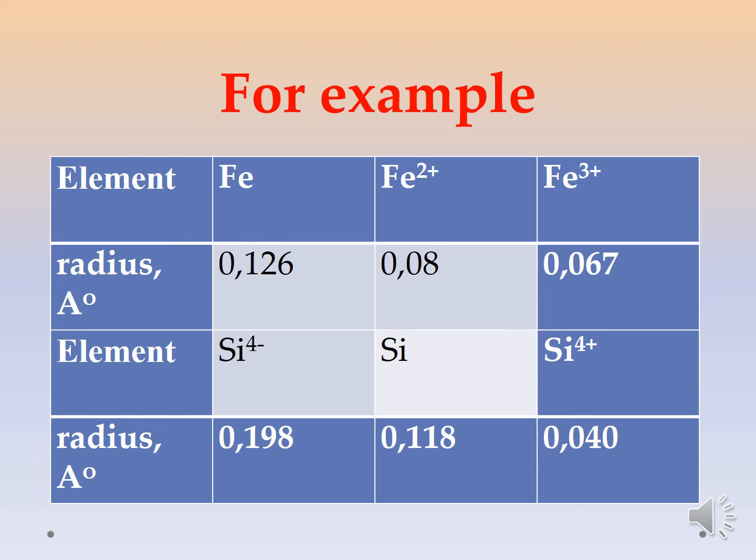Another example, the element silicium. Silicium atomic radius is 0.118, but if the silicium has the negative charge, the ionic radius is more than the atomic radius, 0.1998, but if silicium has the positive charge, the ionic radius is less than the atomic radius, 0.04.